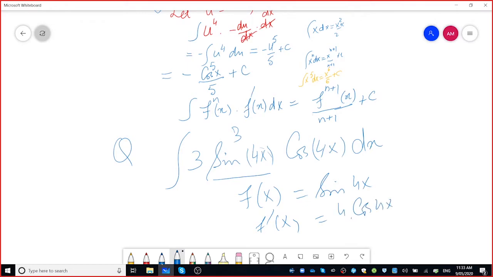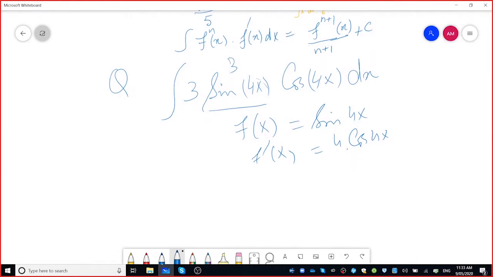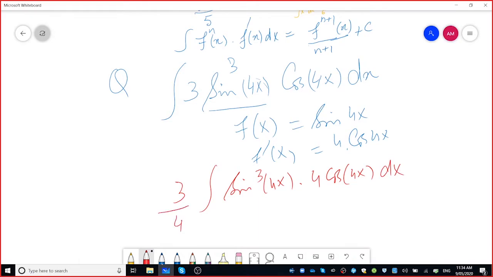So for this question, you will have to convert it into a form where you say, okay, this becomes sine cube 4x times 4 cos 4x, because you want to have that dx. And because you have put a 4 extra, you divide it by 4. So far, so good.